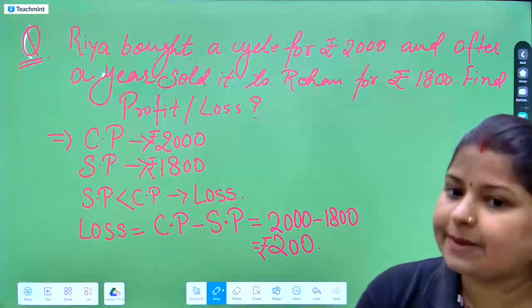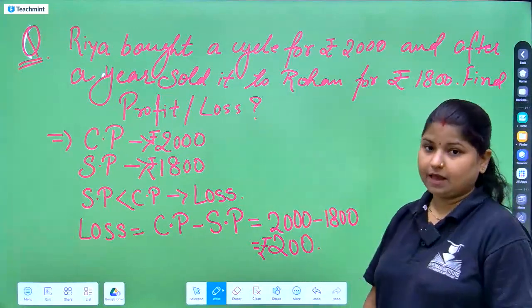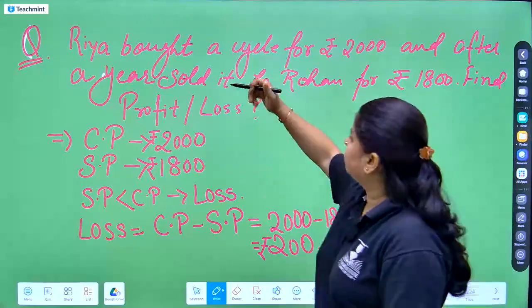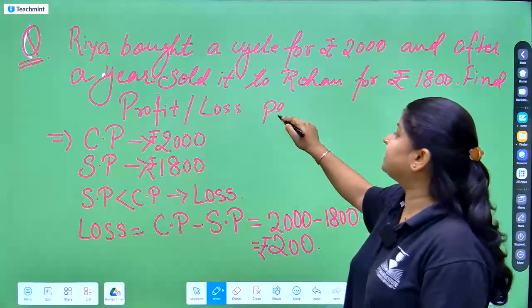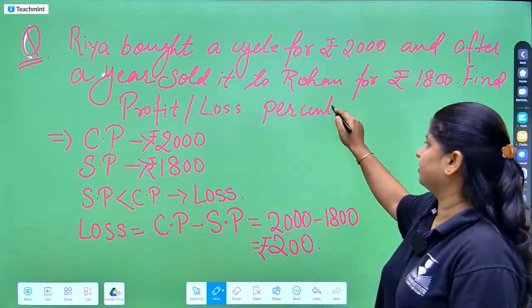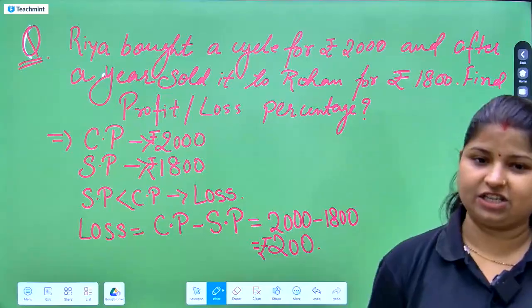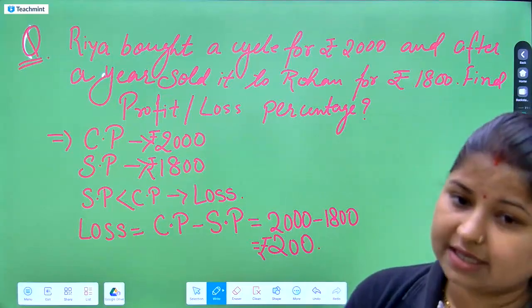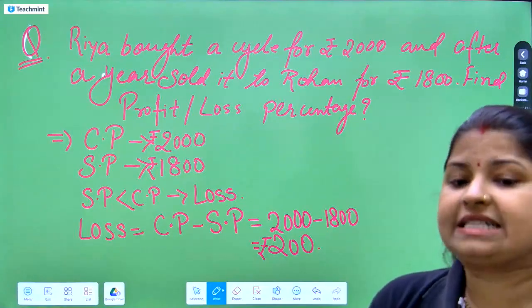If suppose I was not asked loss, I was asked find profit or loss percentage. I was not only asked the loss, but profit and loss percentage.